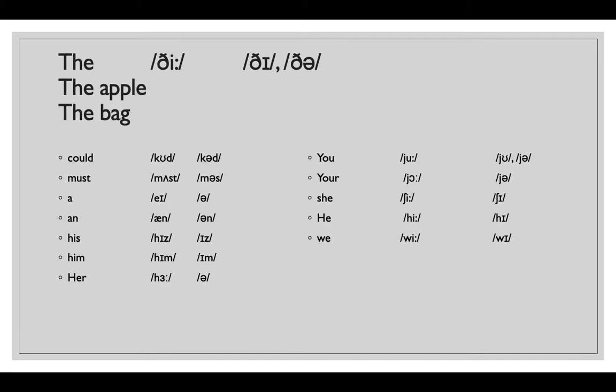When it is followed by a consonant sound, you say "thuh": the bag, the pin, the cat, the man. So depending on whether the sound that comes after it is a vowel or a consonant, it comes naturally.